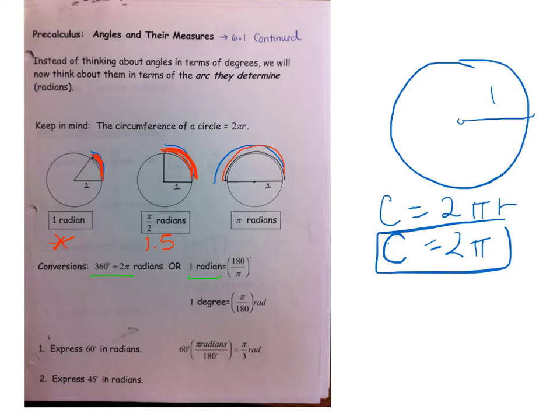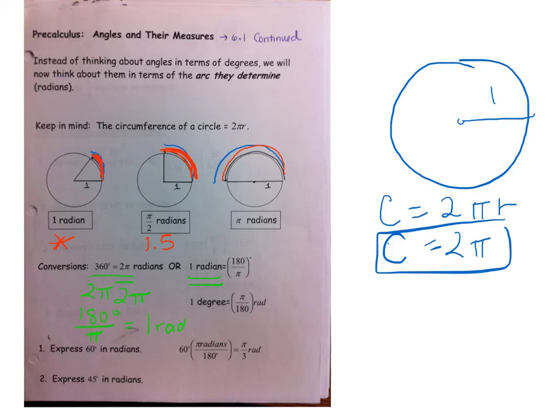Okay, how did I get there? Here's how I got there. If I want to get 2 pi down to this 1, because I have 1 radian here and 2 pi radians here, what if I took this, divided by 2 pi on both sides, did a little simplifying, so 360 over 2 is 180, got it. Pi on the bottom has to stay pi on the bottom, degrees, equals 1 radian.